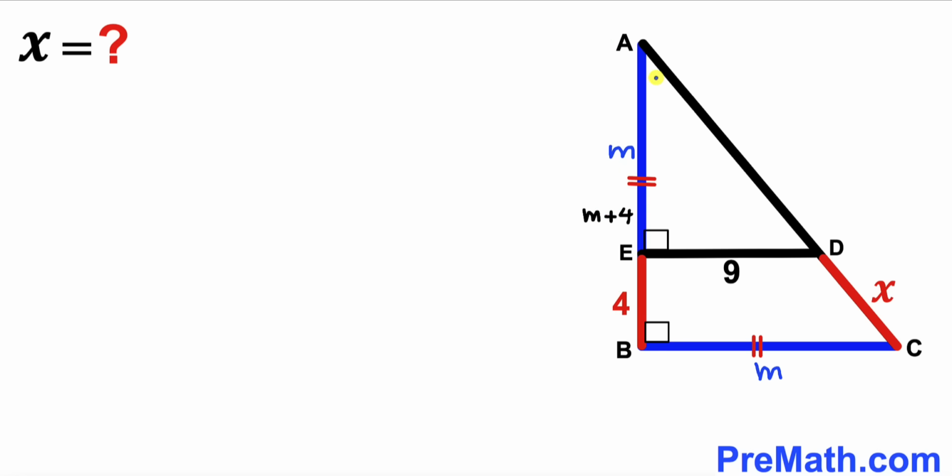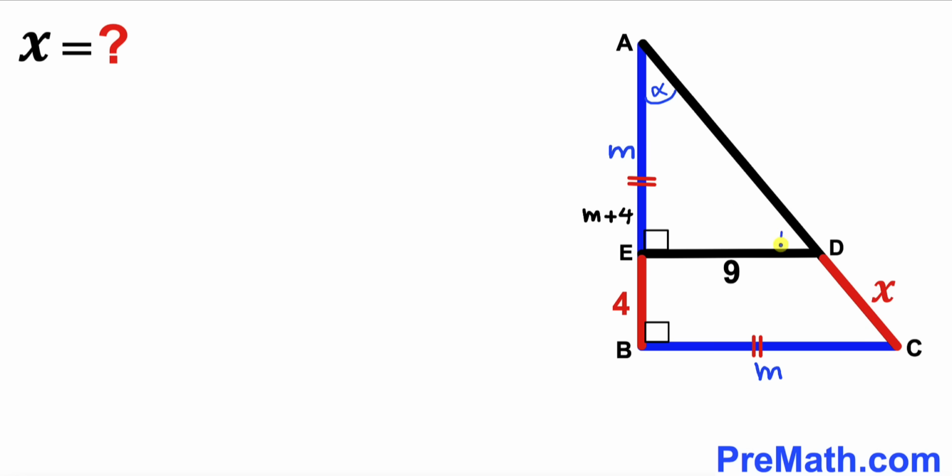Now let's make an observation. If I label this angle alpha, it is common for both triangles, the smaller triangle AED and the big right triangle ABC. Furthermore, these two angles are congruent since they are corresponding angles.